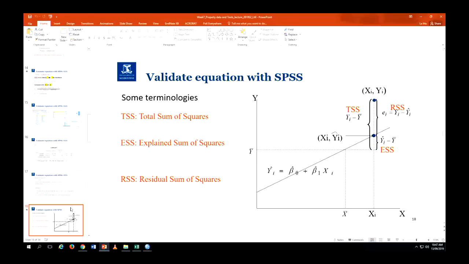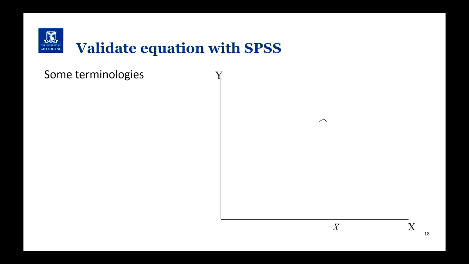One is the total sum of squares. Maybe it is a little bit easier to do this way.